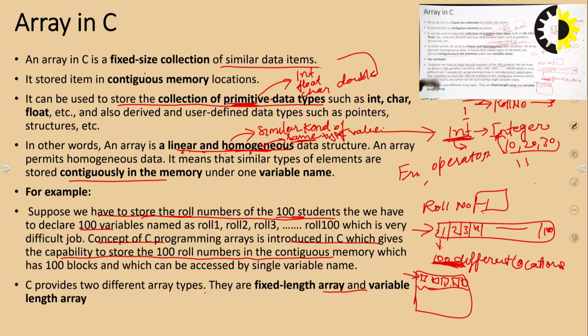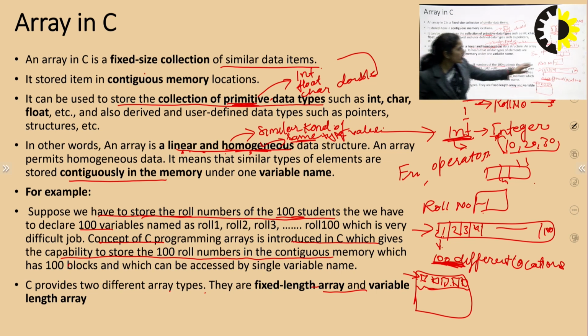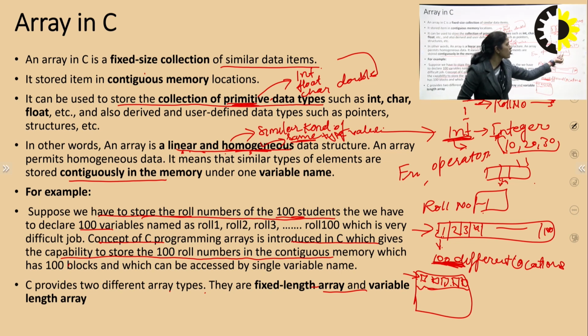So next, array always works contiguously. Contiguously means we cannot skip, we cannot leave blank space in between. Whenever we are storing the elements of the array, हम इसमें एक भी पर्टिकुलर इंडेक्स को खाली नहीं छोड़ सकते.